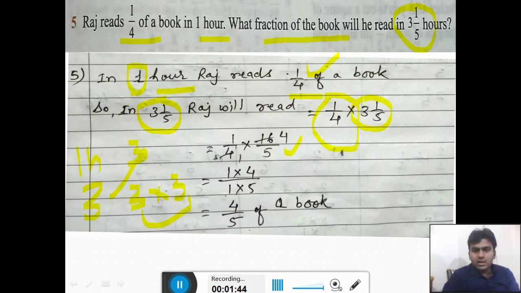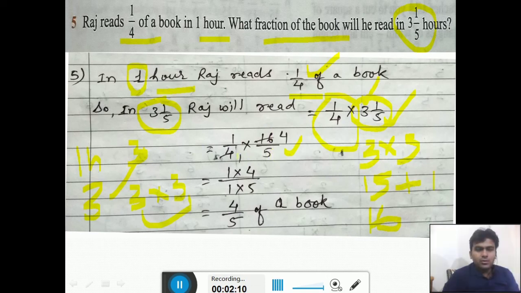Here 3 we will multiply with this 5, so 3 into 5 is equal to what? 15. And then 15 plus 1 is equal to 16. So we got 16 upon 5.